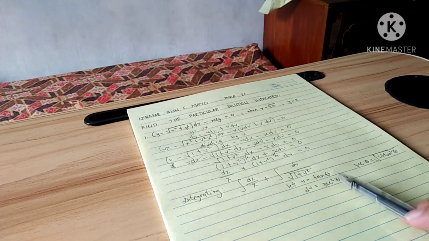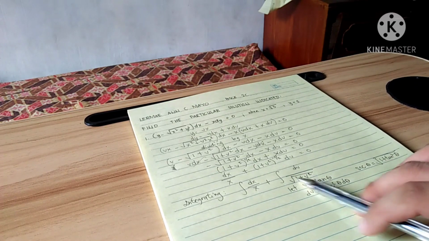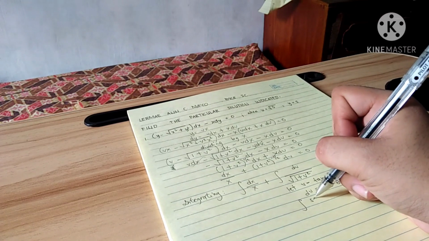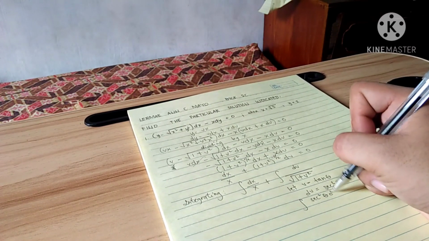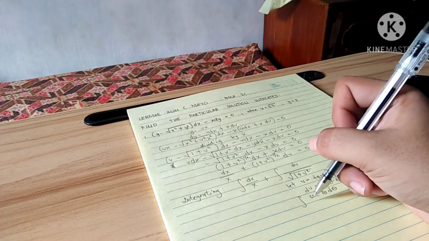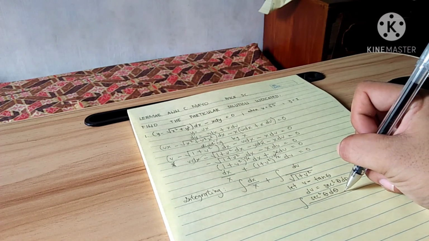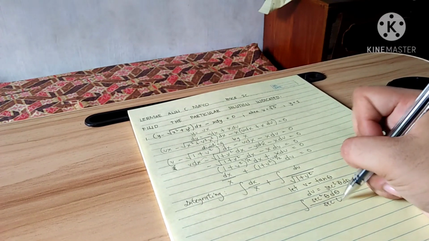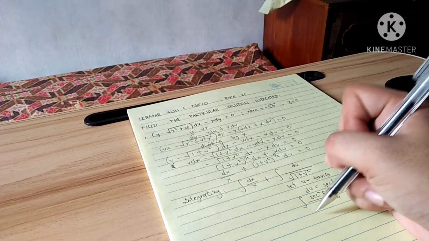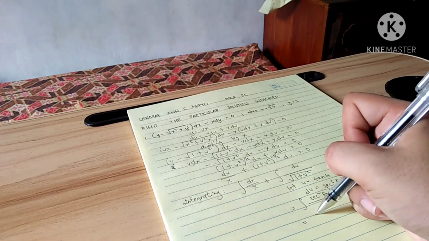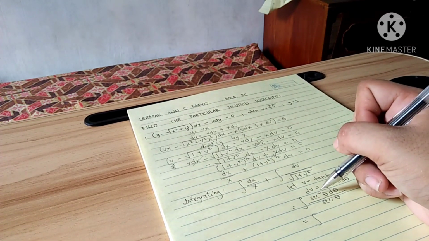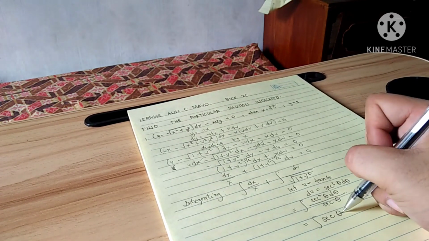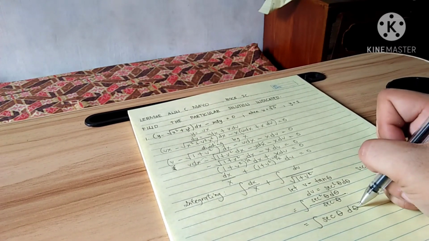We substitute this in the term: the integral of secant squared theta d theta over secant theta, which becomes the integral of secant theta d theta.